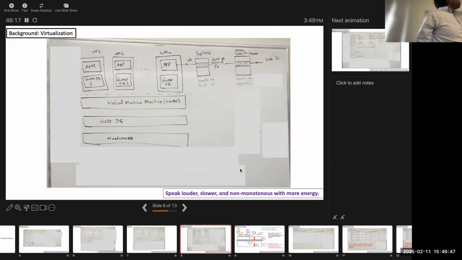The first page table lookup is handled by the guest operating system, but the second one is handled by the VMM or hypervisor. Since this table lookup is extra compared to the case without a virtualized environment, we are paying extra overhead.